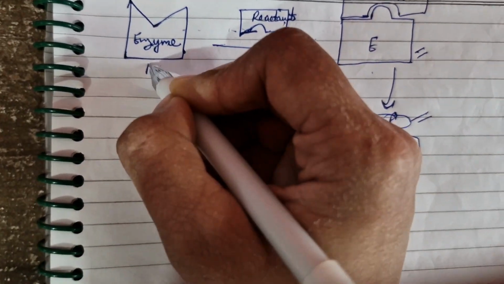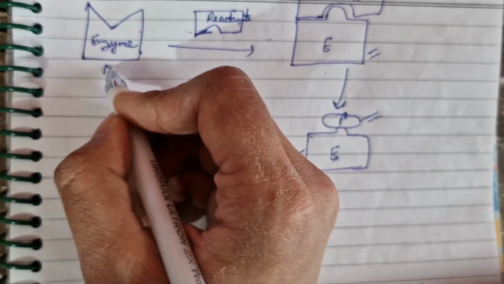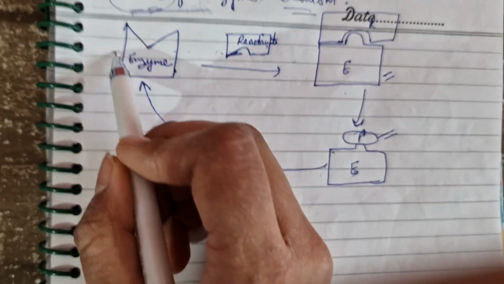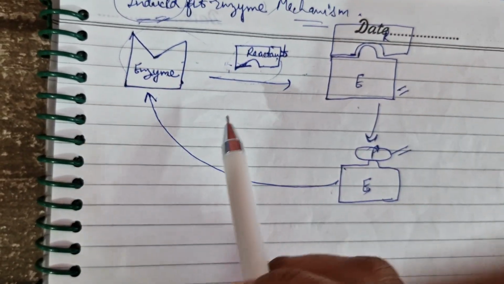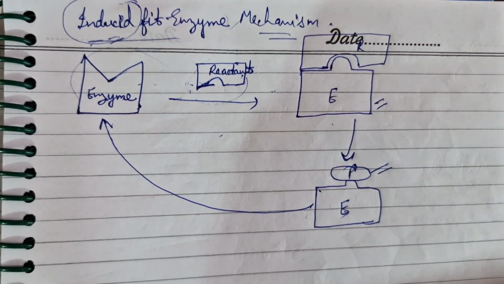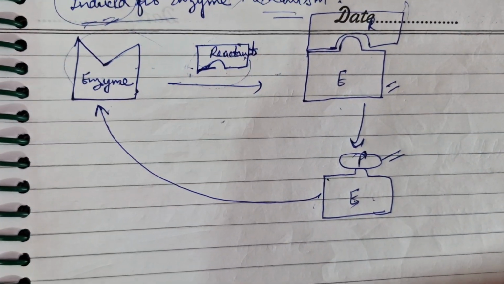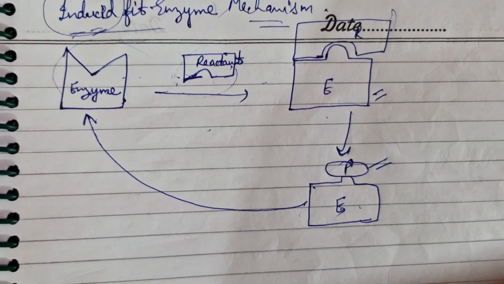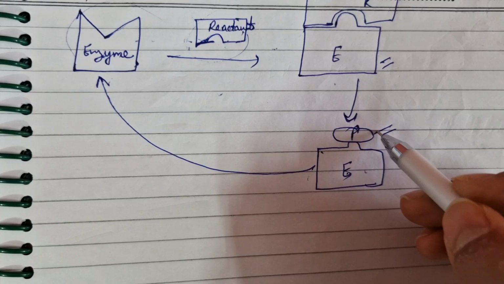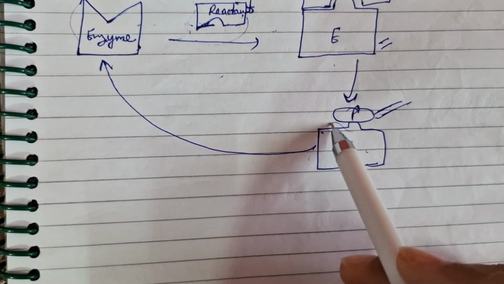We get our enzyme back, which is again used by another molecule of reactant, and the same process takes place in the similar manner as explained earlier, and we get our desired yield of product.